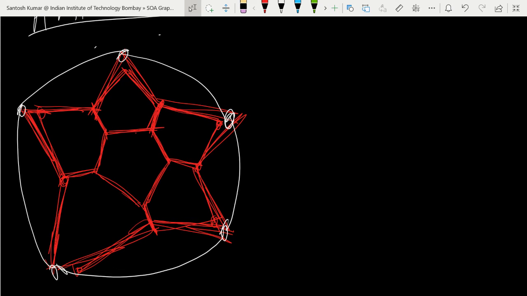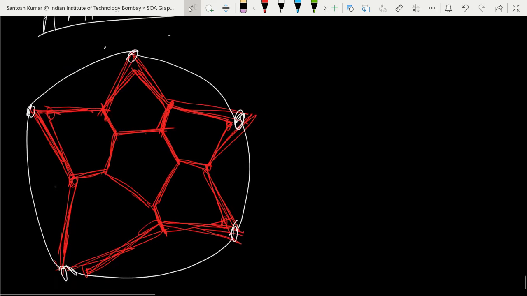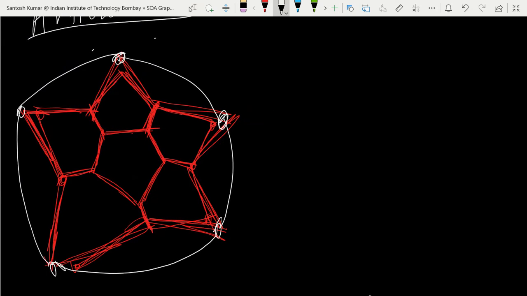So look at this graph. Again, let me count the vertices. One, two, three, four, five, six, seven, eight, nine, ten, eleven, twelve, thirteen, fourteen, fifteen. Oh, we have less.